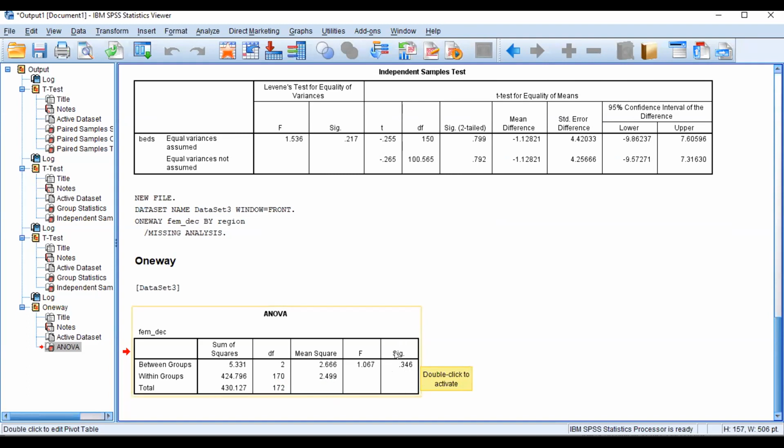That would mean they have different levels of decision-making power. But here, as we accept our null hypothesis on the basis of this p-value, it means women from rural areas, urban areas, or town areas have similar decision-making power. Their condition is not different anywhere.